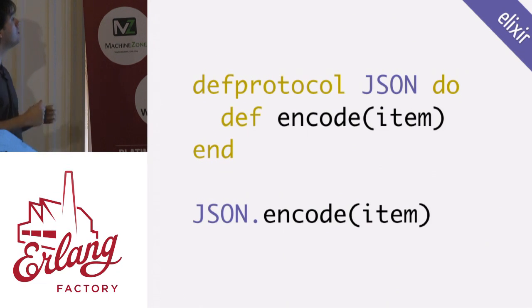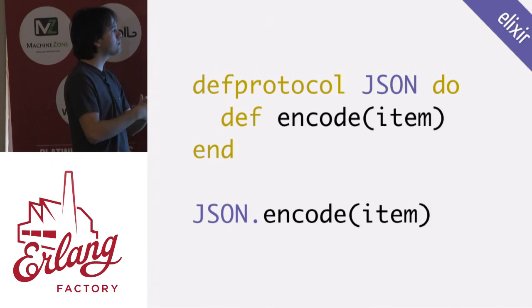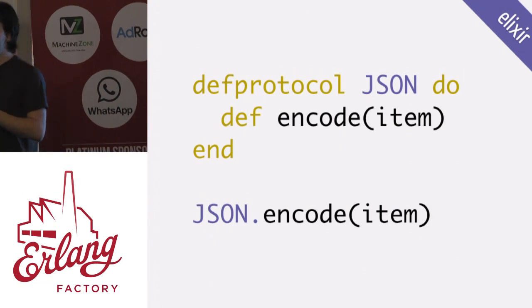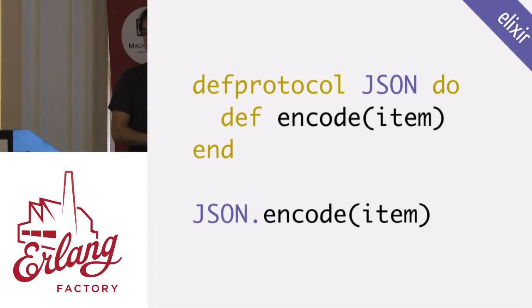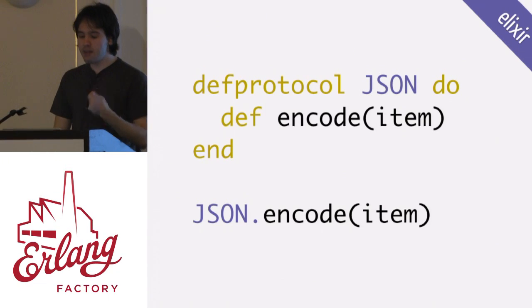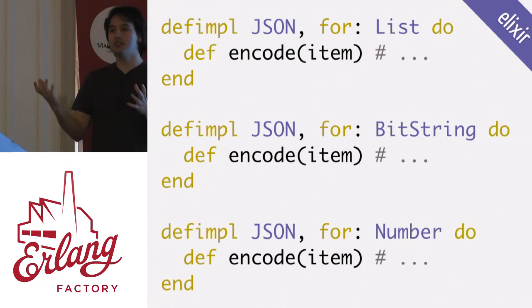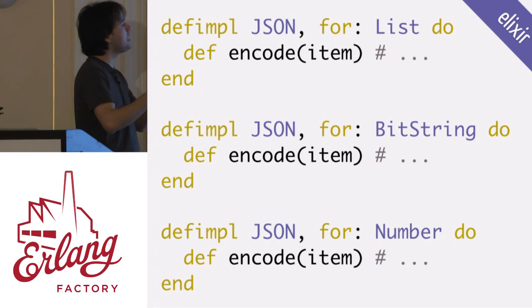So in Elixir we would say, I want to define the JSON protocol, and this JSON protocol has an encode function. We can call this encode function like any function in our code, like JSON.encode, passing the item. After you define the protocol, you can implement it for any data type that you want. So the person who implements the JSON library could implement the protocol for all the native language types.